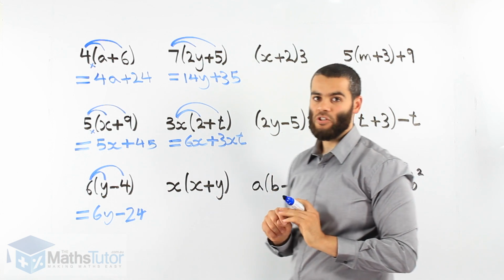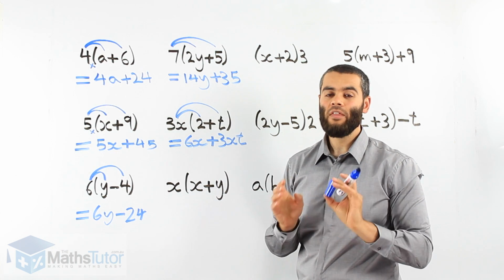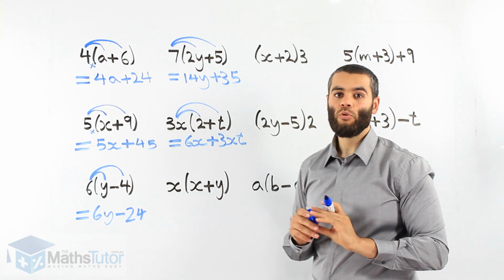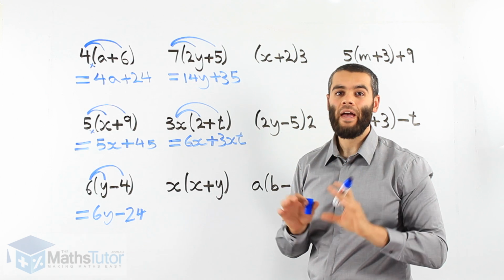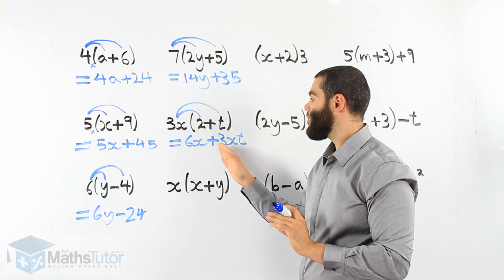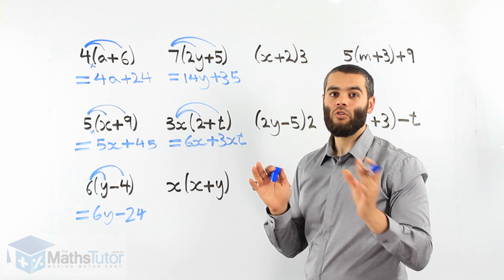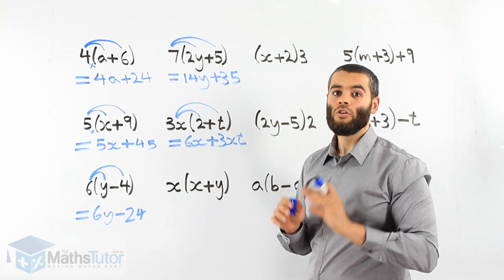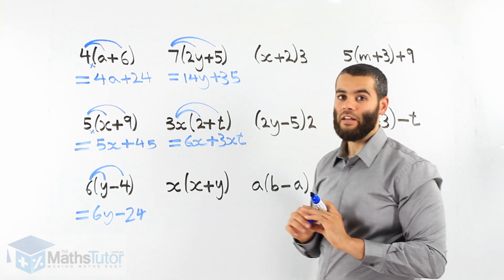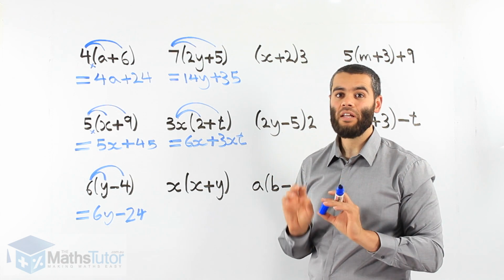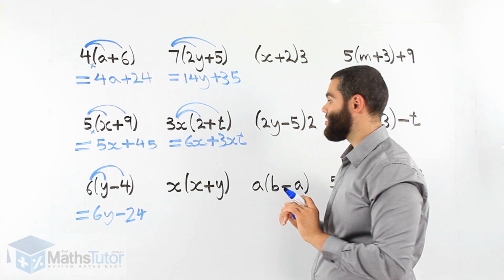Now, one thing I want to mention all the time, now that we are using algebra and we are using letters or pronumerals and numerals, make sure that your handwriting is very, very good. That your t's look like t's, that your pluses look like pluses, that your nines look like nines. You don't want to get mixed up and all of a sudden you're writing the wrong answer and you lose marks and you stuff up your question like that. Very important to make sure your handwriting is clear and neat.